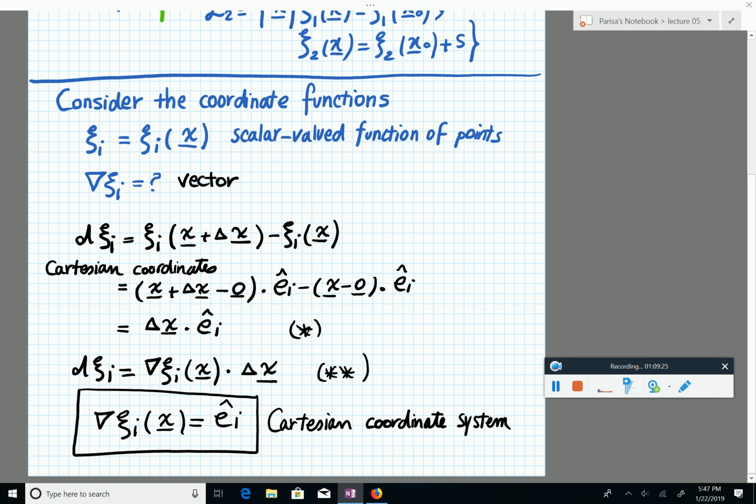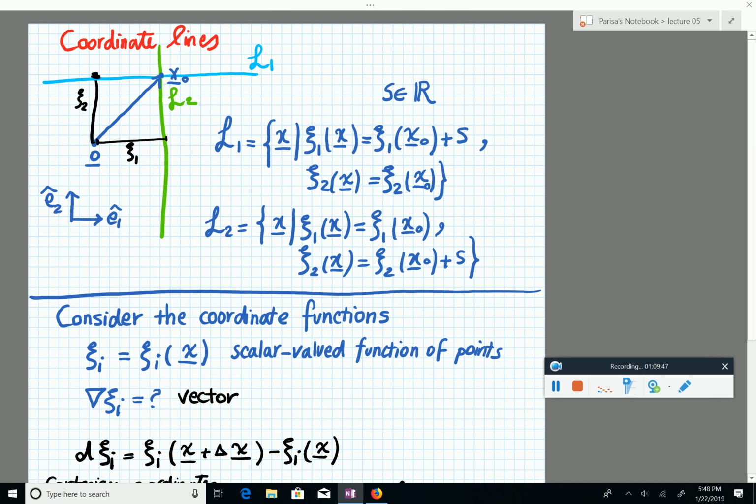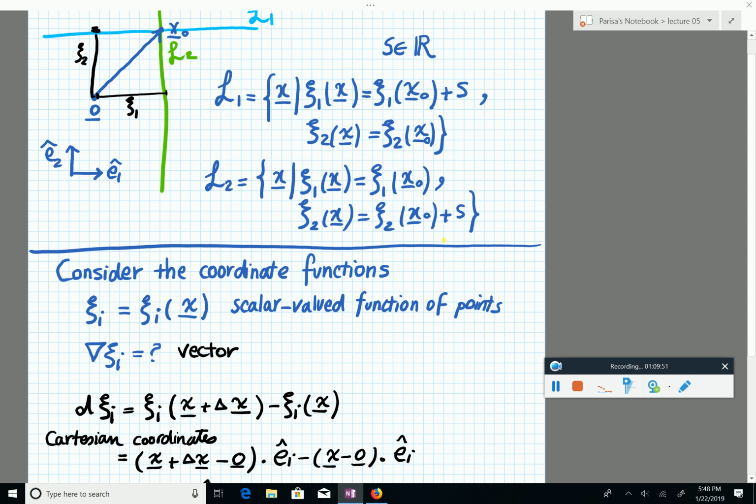The way we defined the coordinate lines, how was it? One coordinate was kept constant, the other would vary, and the other was kept constant, the other coordinate would vary. Now, what do you think the relationship is between this gradient and the coordinate lines? I mean, you see it in front of you.